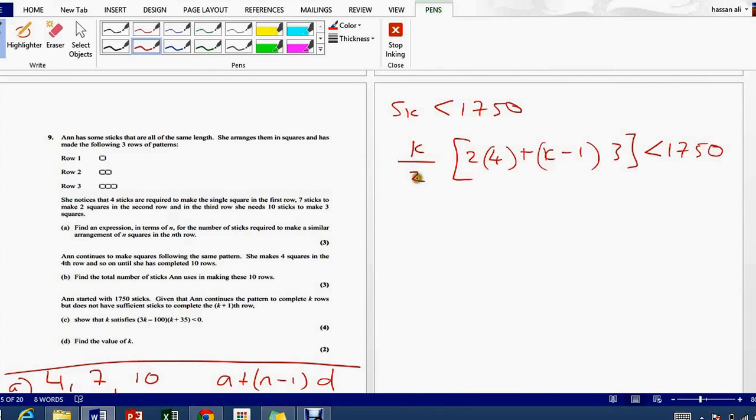Now what I want to do is get rid of this 2, so therefore k times 8 plus, if I expand that bracket, it will be 3k minus 3, and because I'm multiplying by 2, 3,500.